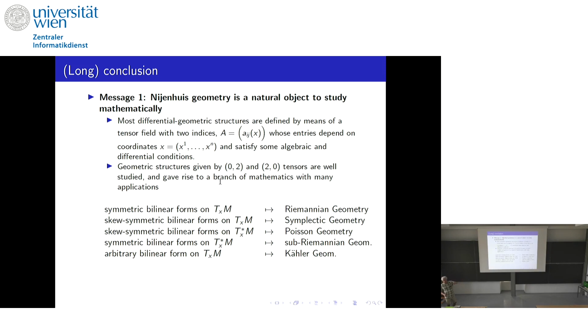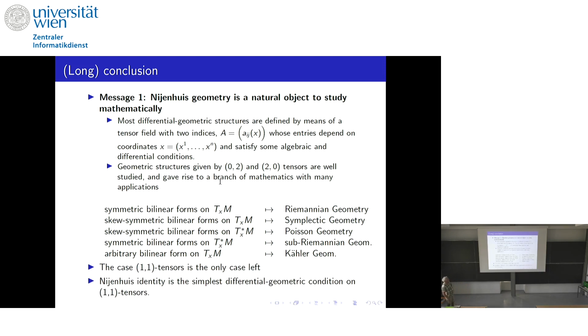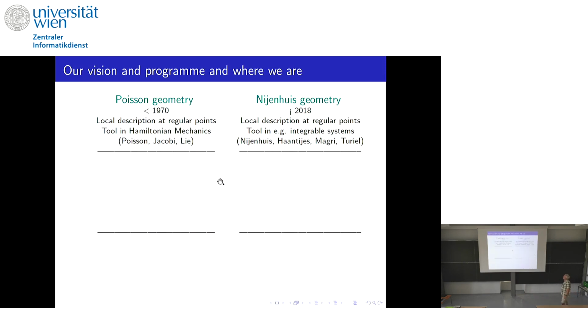It's not degenerate, but there is also some relation with g, and also differential conditions, so the skew-symmetric form must be closed. So the case of one tensor is the only case left, and the Nijenhuis identity is the simplest differential geometric condition on one tensor. It is a theorem proved essentially by Mischor and a co-author from Vienna, but formulated by Pumsky quite recently.